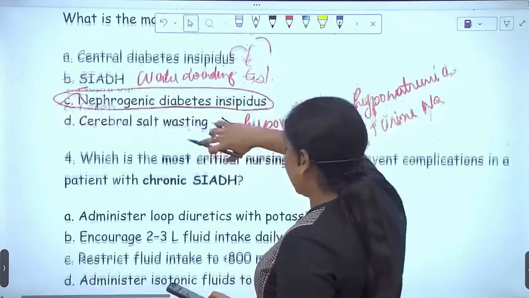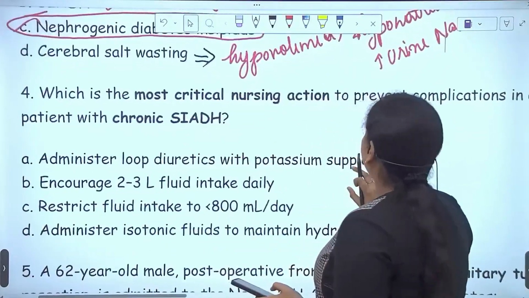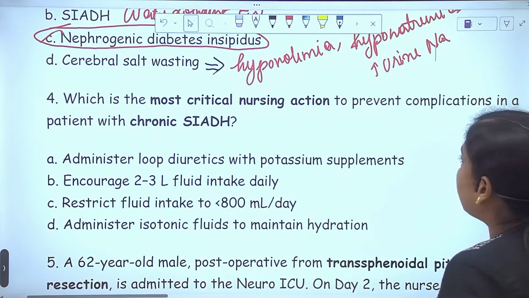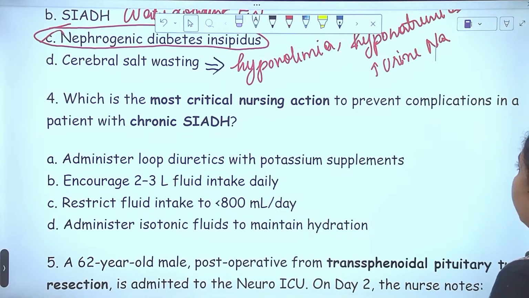Now coming back to the next question. Now tell me, what is the most critical nursing action to prevent complications in a patient with chronic SIADH? Options: Administer loop diuretics with potassium supplements.